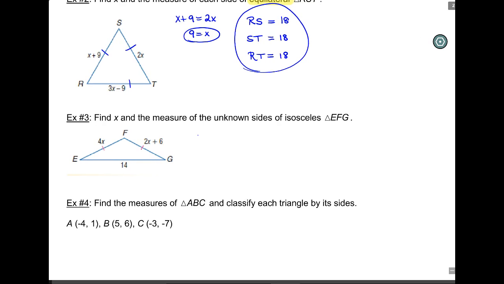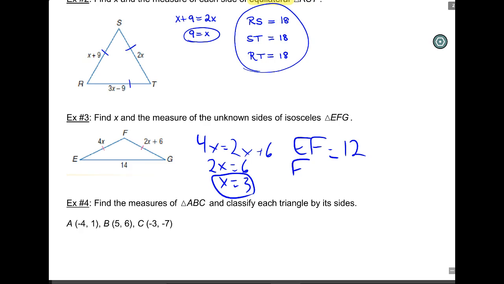So we get x equals 3, and the unknown sides, EF is 12 and FG is 12.